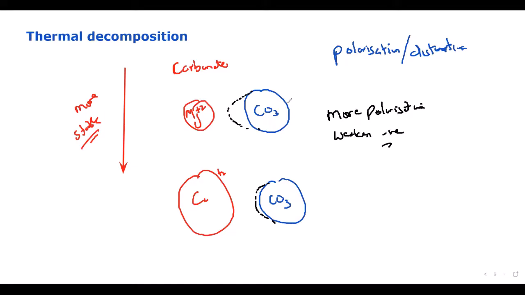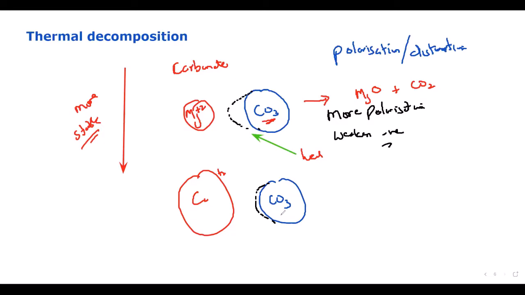As a result, when we supply heat energy, when we are heating magnesium carbonate, it easily decomposes into magnesium oxide plus carbon dioxide, because the carbonate ion is distorted due to the presence of the small positive ion, and the distortion reduces the stability of the carbonate ion. As a result, a small amount of heat energy can break down this carbonate ion into oxygen and carbon dioxide, and this oxygen combines with magnesium to form magnesium oxide and carbon dioxide.